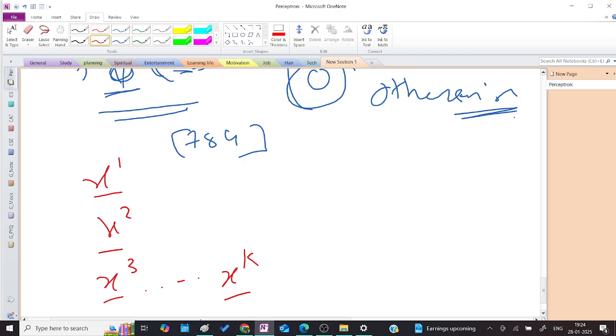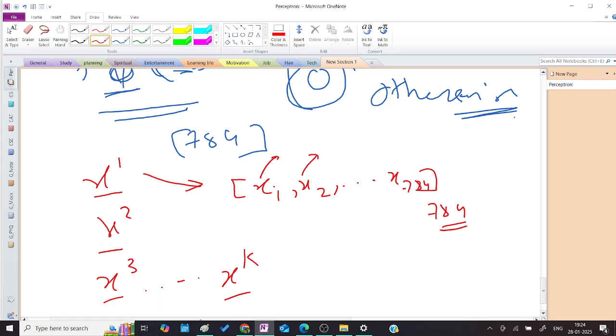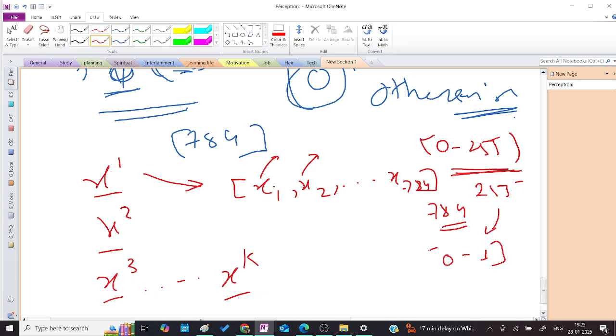Now you can understand why I am saying it is a vector, because this is exactly 784 pixels. So there will be x1, x2 up to x784, and each of these x is a value from 0 to 255, right? And if we normalize this, in other words, if we divide each pixel by 255, then the number will be from 0 to 1, right?